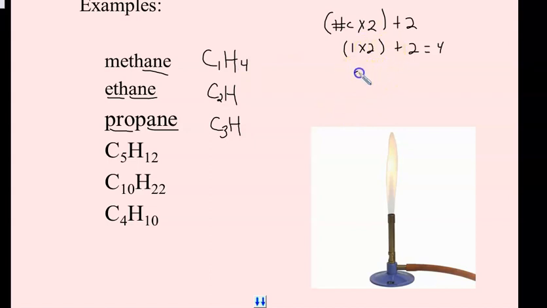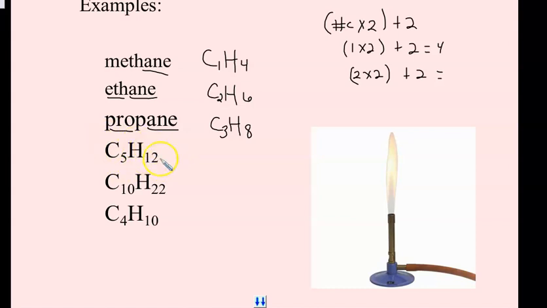Ethane would be 2 times 2 plus 2. So 4 plus 2, you would see C2H6. 3 times 2 is 6, plus 2 is 8. So you can see a pattern going on there. So propane is C3H8.